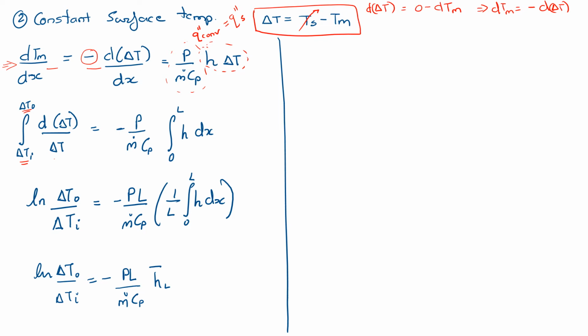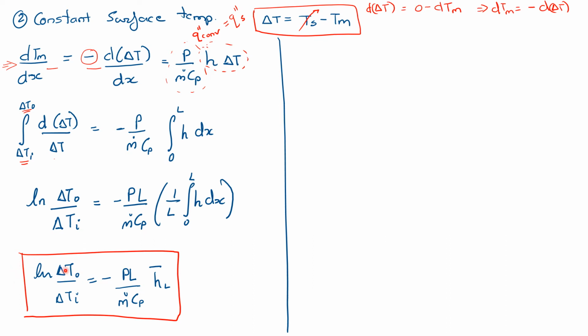So this expression tells me that the natural log of the temperature difference at outlet divided by the temperature difference at inlet is equal to minus perimeter times the length divided by m dot Cp, into the average heat transfer coefficient.